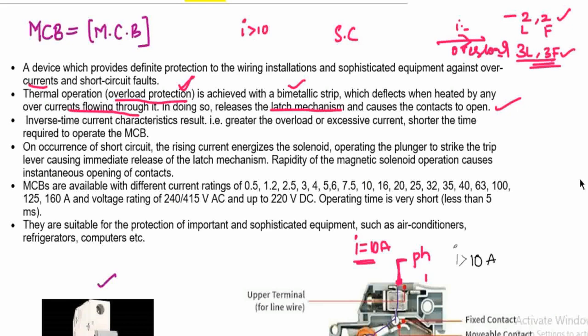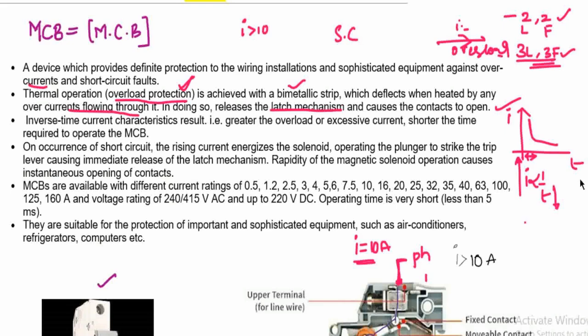And inverse time characteristics result. So what is inverse time characteristics? Whenever the current is higher, the time for the circuit to open is less. If the load current is more than the rated current, the time for the circuit to be opened will be less.